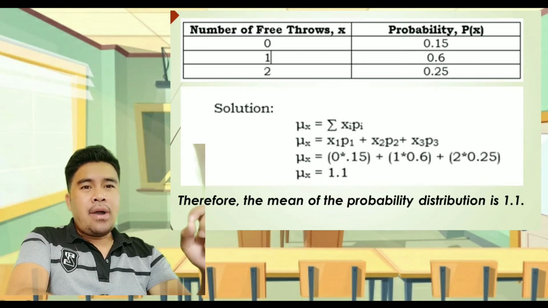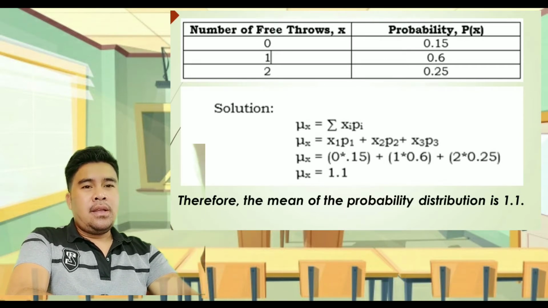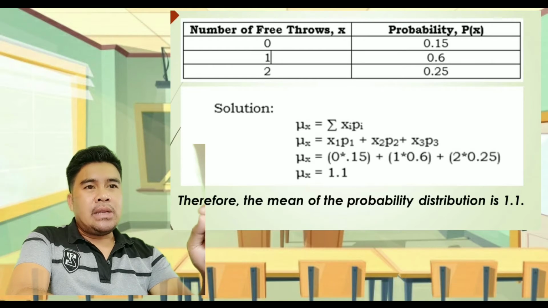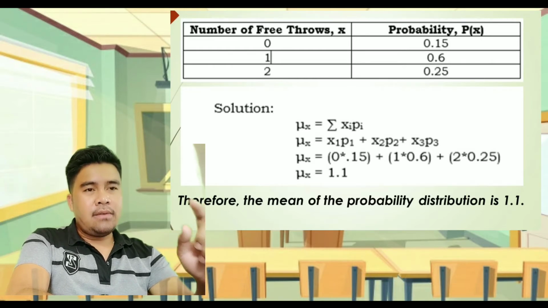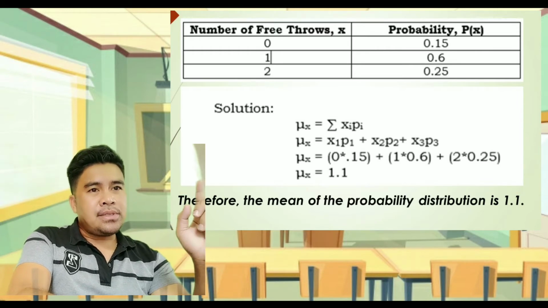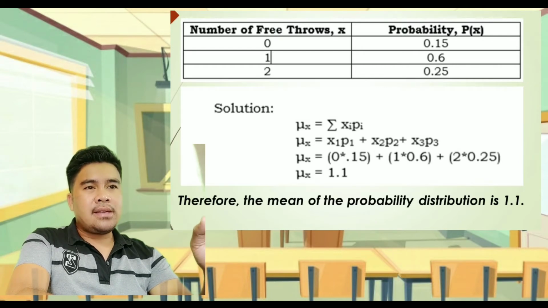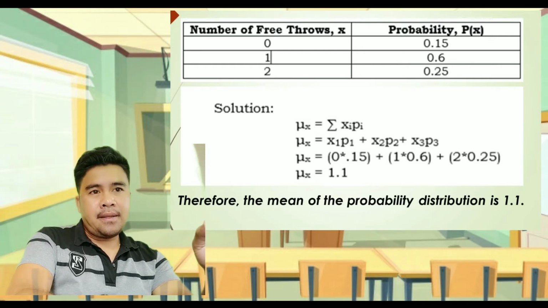To get the mean, just use the formula to get the correct answer: mu sub x equals the summation of x sub i p sub i.